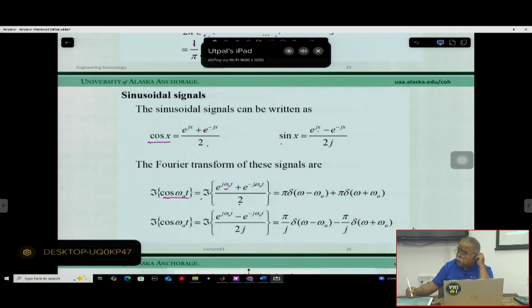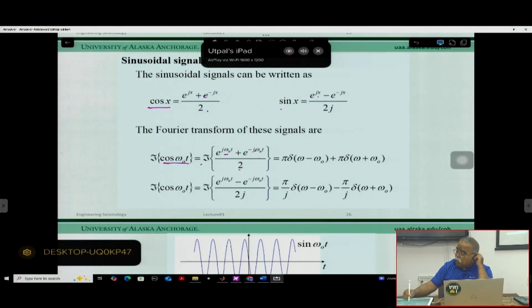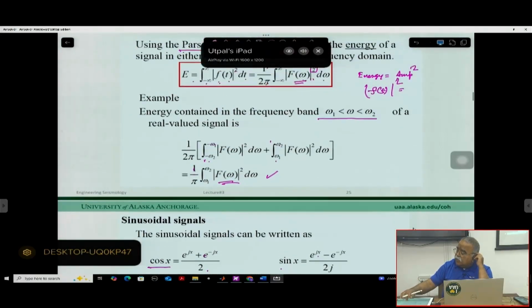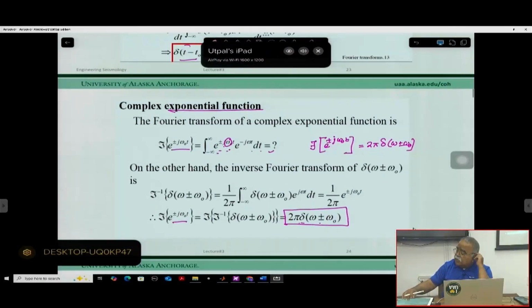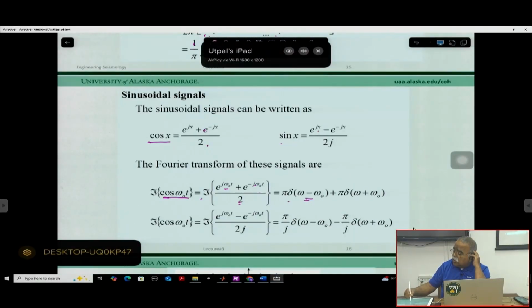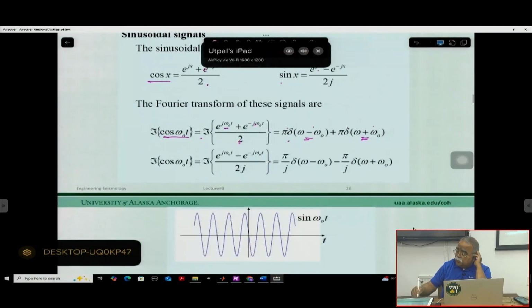By the formula we have done earlier, dividing by 2, the 2π will be gone, and this will be π δ(ω − ω0) plus π δ(ω + ω0). And similarly, sorry, I take it back, this will be the sine: sin ω0t, with minus and 2j, so this is π by j δ(ω − ω0) minus π by j δ(ω + ω0).